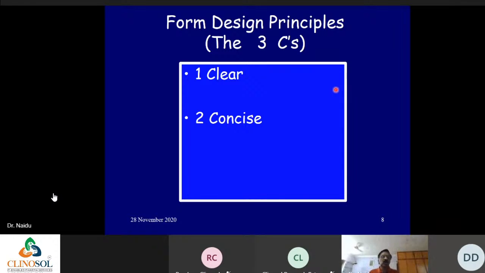It should not be so elaborate that it is difficult to read or understand. And the third C is that it must be consistent. Whenever somebody is checking, everybody should interpret it in the same manner. So always remember, for better designing of the case record form, 3C is important: it should be clear, concise, and consistent.